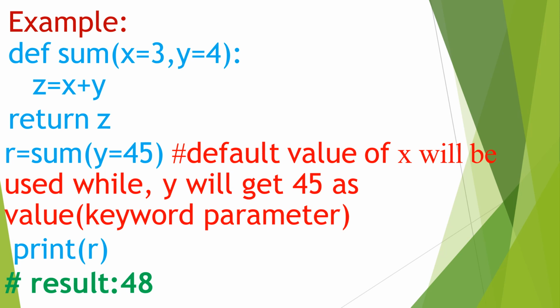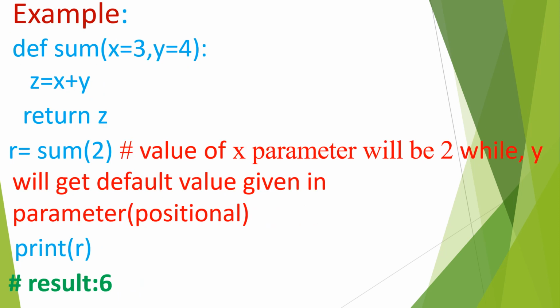Here the x will use the default value and the y will use 45, because with keyword arguments the matching is done on the basis of the argument and parameter name. So in this case the answer would be 3 plus 45, 48.